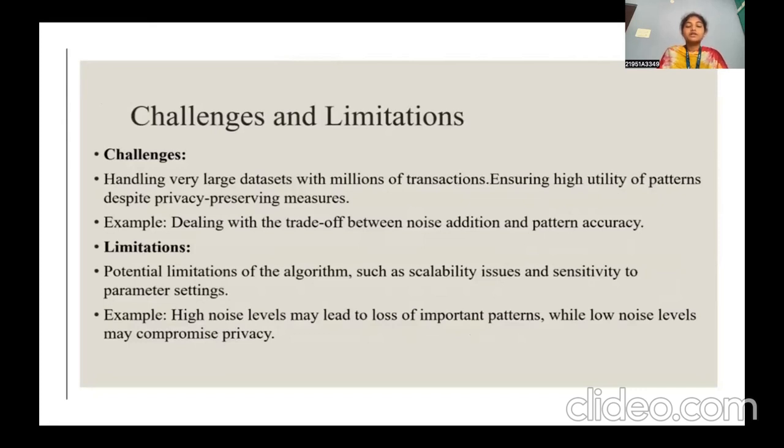Challenges: handling very large datasets with millions of transactions, and ensuring high utility of patterns despite privacy preserving measures. Examples: dealing with the trade-off between noise and utility.